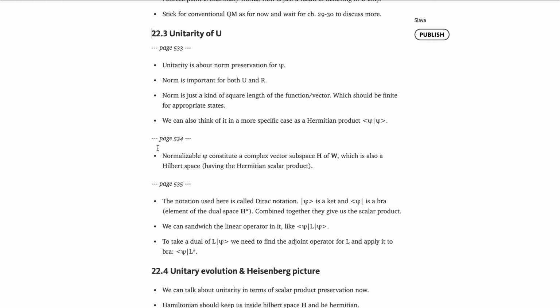We can also think of it in a more specific case as a Hermitian product, stated here like psi with psi. So Penrose marked that as the norm, but in mathematics usually we take a square root of that, so we will obtain not a square length but a length. But from a theoretical perspective, it doesn't really matter.